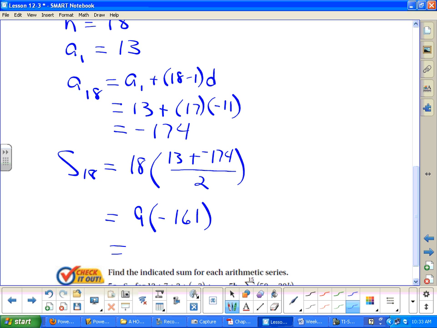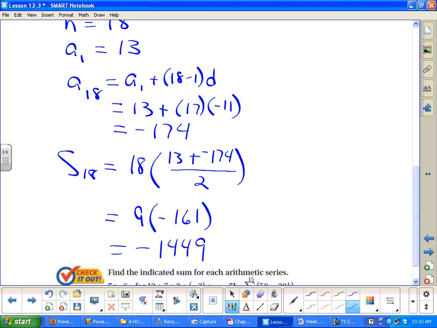So 1610 minus 161 is, whatever, 1549. No, 1449, see how close it was? And that would be negative 1449. Okay, I did that in my head. Isn't that great?